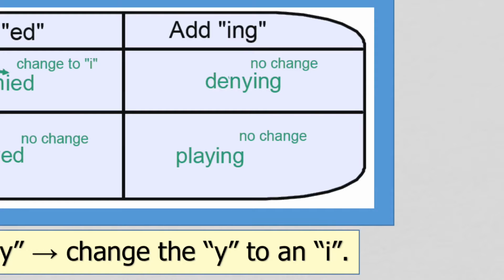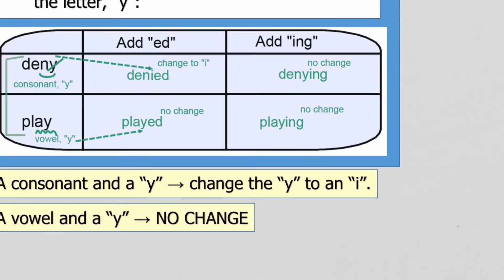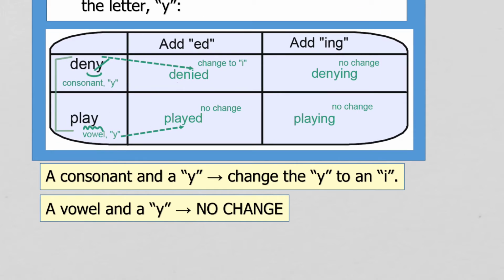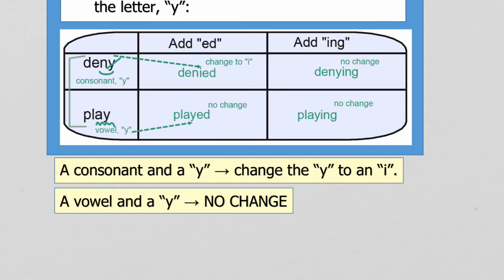We just add ing. So we end up with denying, D-E-N-Y-I-N-G. Right? So if we have a consonant and a Y and we're adding ed, then we need to change the Y to an I. But we don't have to do anything if we're adding ing.